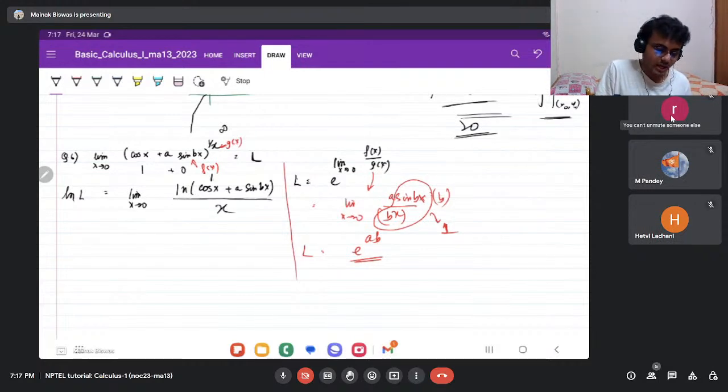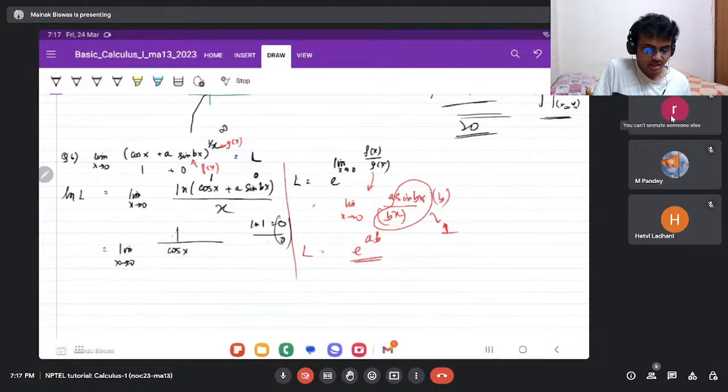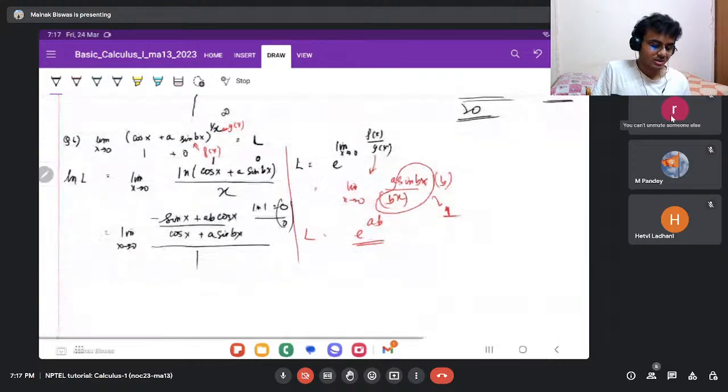Now you see this is 1 and this is 0. So log 1 is 0. So it's a 0 by 0 form again. So I can take the derivative again, right? So it's 1 by cos x plus a sine bx, and the numerator will be, if you are following, minus sine x plus ab cos x, by 1.